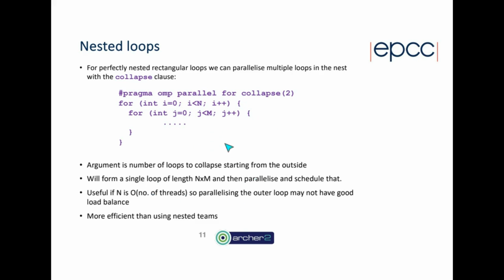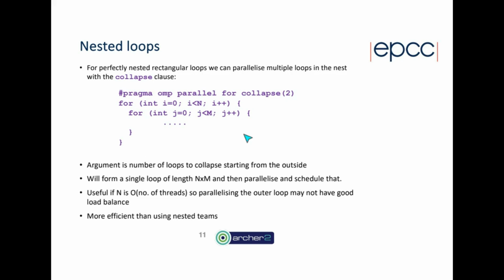If n is exactly equal to the number of threads, then you're okay. Probably the outer loop would be balanced. But if n is a bit less than or just a bit more than the number of threads, which would mean that the outer loop wouldn't balance well, then you can use collapse so that you get better balance, because for a given i iteration, you're allowing some values of j to be executed by one thread, and other values of j to be executed by different threads.